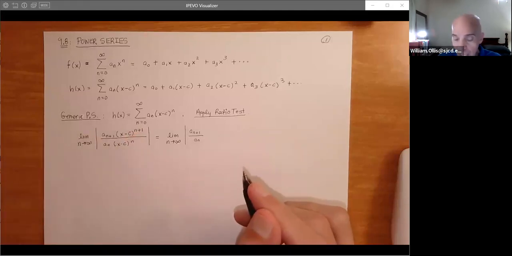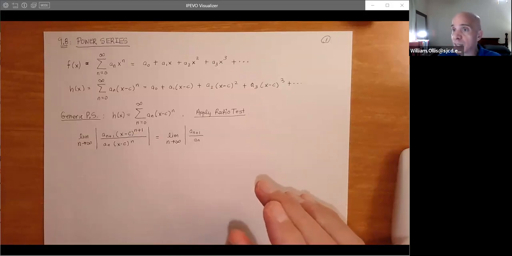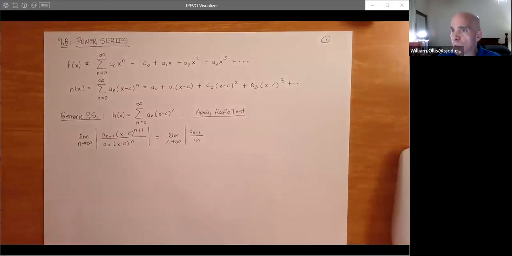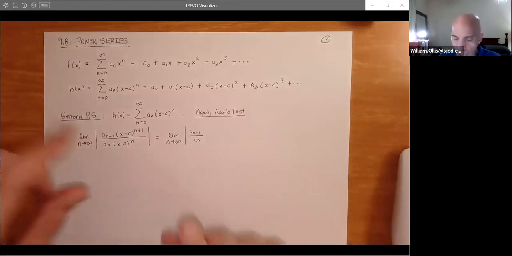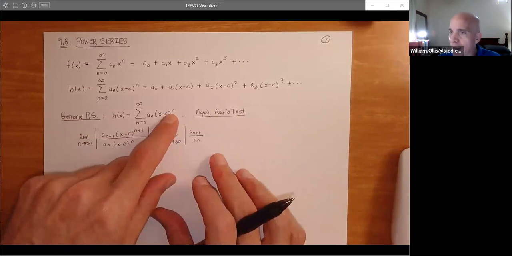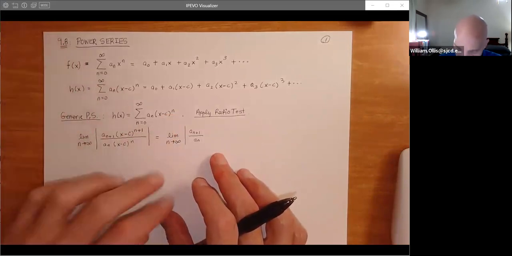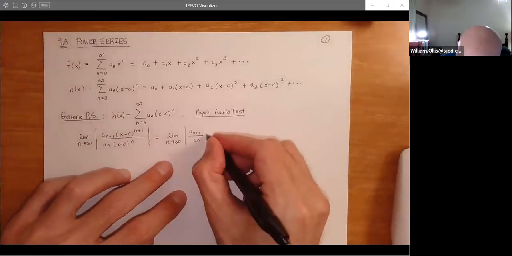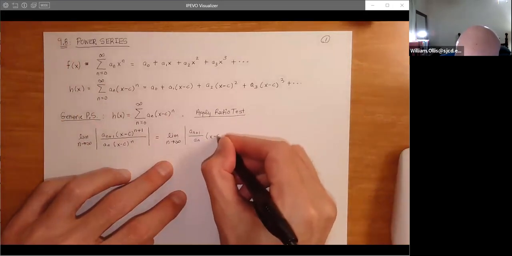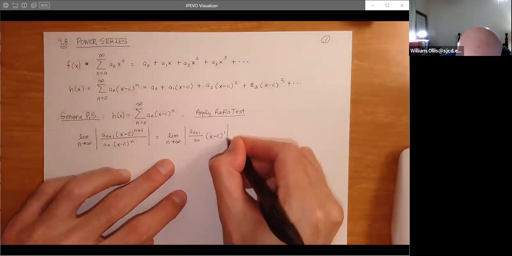Now, of course, we could have a situation where we might have a 2n and then get a quadratic. So again, we want to make sure that we always respect whatever power this may be. In this case, we're just treating it as a general n. So we have x minus c to the first power.